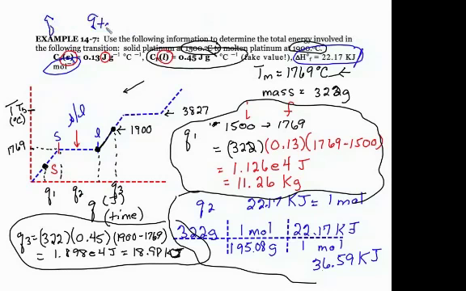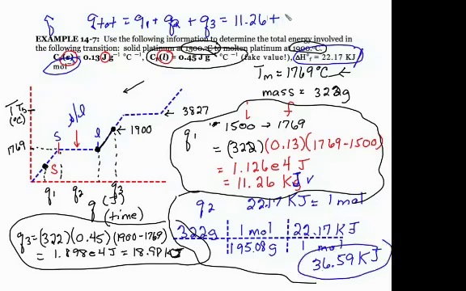And to get the total, sorry, my Mimio's a little jumpy tonight. To get my total, I add up each step. Heat's a state function, so I can get to it in a variety of ways. So I'm going to take, whoops, I don't know why I put kilograms there. I'm going to put my 11.26 from Q1.